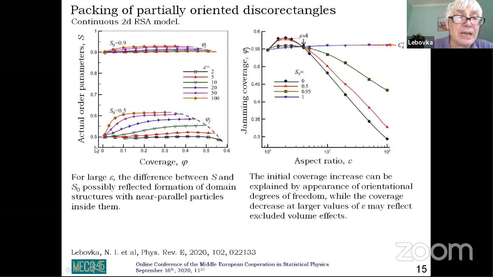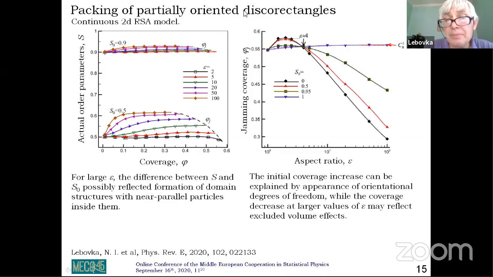Here you see that the actual order parameter is not a constant. For example, when we put the order parameter 0.5 in the initial system, we have a higher order parameter in the final system. That reflects the situation when we have formation of a domain structure with near-parallel particles inside them.